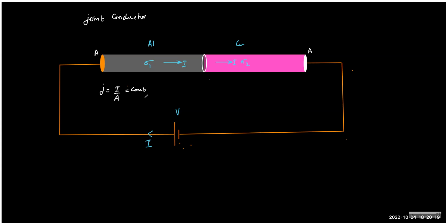But sigma 1, sigma 2, we know there is a relationship: J is sigma into E. If J is constant, that is only possible when sigma 1 E1 equals sigma 2 E2. Because J is constant, the product of sigma and E must be the same, which means the E must be different. So the first medium will have electric field E1 and the second will have electric field E2. Understood?